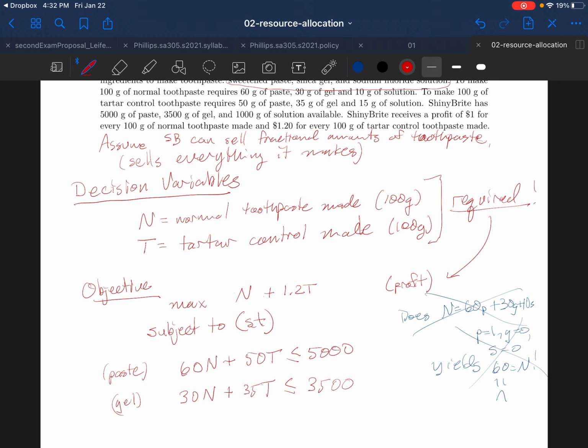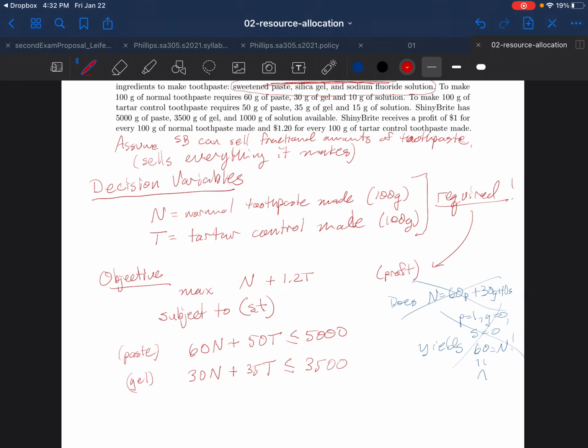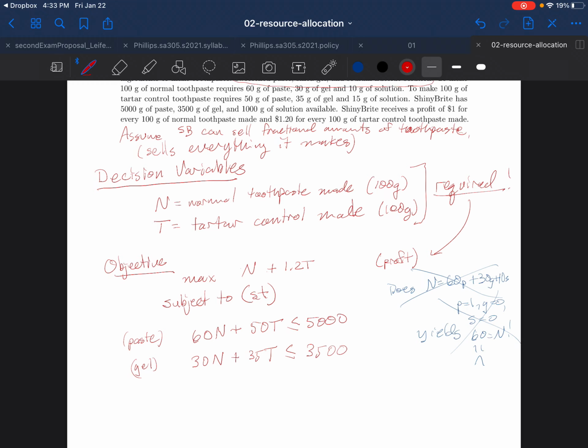If you use strictly less than, I will be very sad as I mark off points off you because I don't want to have to mark off points of you, and neither do you. So let's not do that mistake, okay? We don't do that because a strictly less than is not a linear program, okay? We have to have less than or equal to.